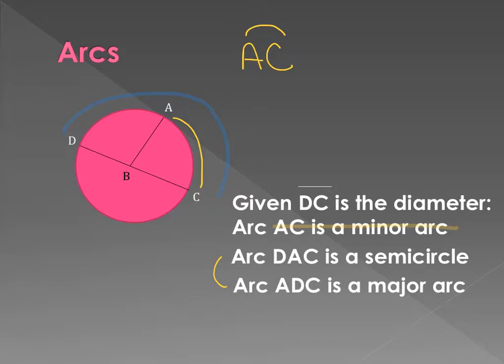So when we're talking about major arc ADC, we're starting at point A, we're going this way to the D, and then around to the C. And that would be your major arc. And you will need 3 letters to name the semicircle and the major arc. Because if I were to only name the semicircle with DC, I wouldn't know which side of my circle I was talking about. So name it with 3 letters so you know the direction to follow.